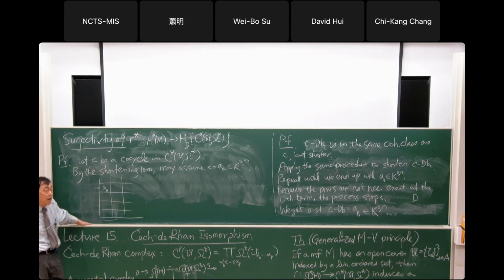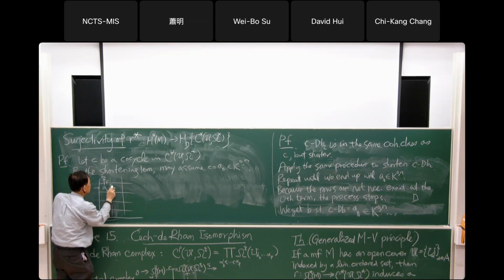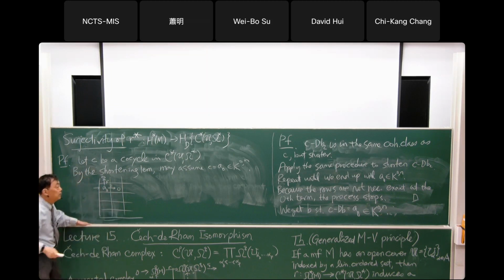Now, it's a cocycle, so what you know is that D double prime A0 is 0 and delta A0 is 0.